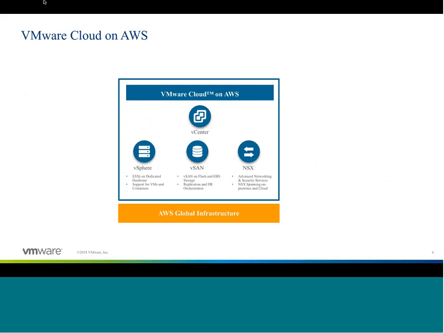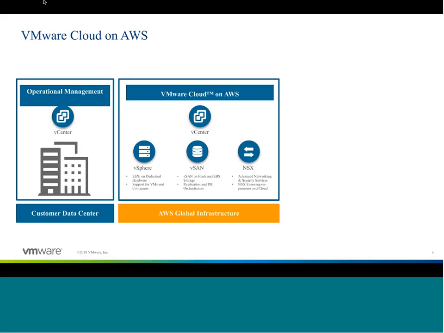So in regards to VMware Cloud on AWS, what are we doing here? Well, we're taking the full VMware stack, vSphere, vSAN, NSX, vCenter, deploying it on bare metal hosts and hooking it up to the AWS global infrastructure.